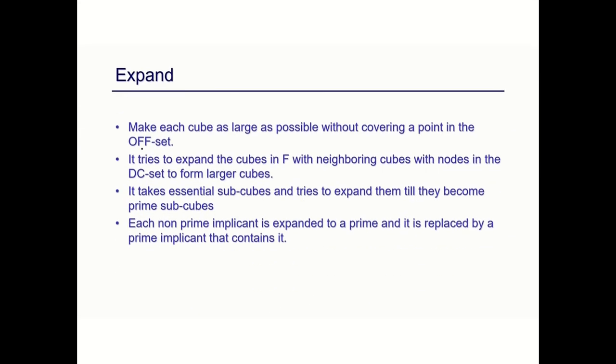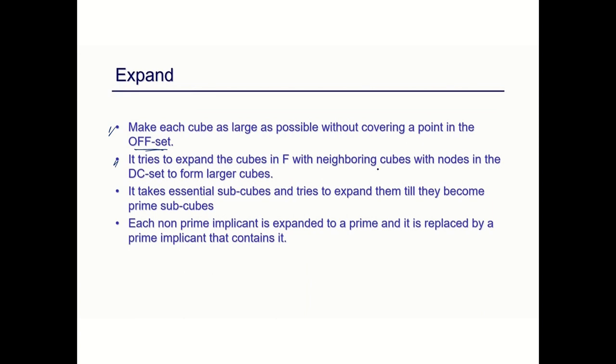So what is expand? Make each cube as large as possible without covering a point in the offset. With the help of all the cubes, we'll try to cover and we'll leave the offset positions. Then it tries to expand the cubes in F, where F means the function that is given, with neighboring cubes. We'll check whether the neighboring cubes are present or not.